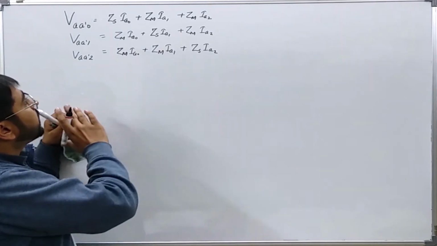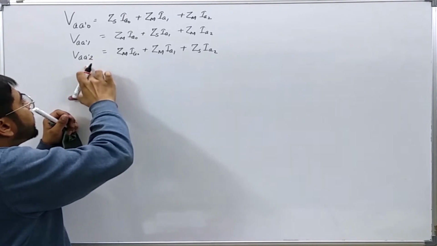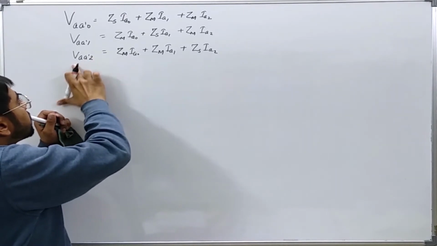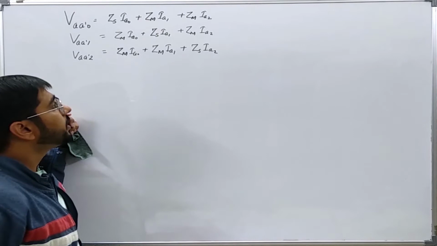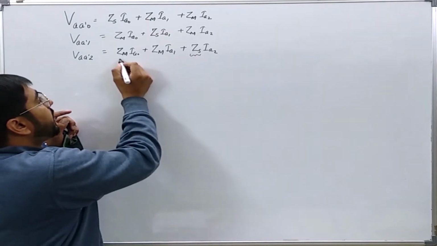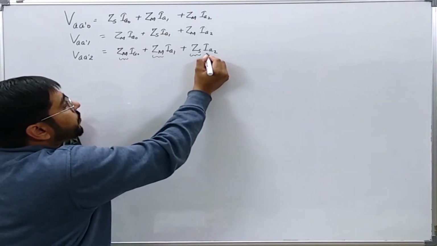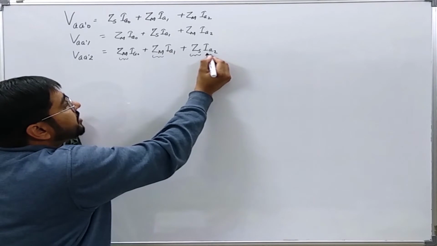We can see that in these equations, each component of the voltage drop depends upon the self impedance and the mutual impedance. The self impedance is flowing in the current of the same sequence.